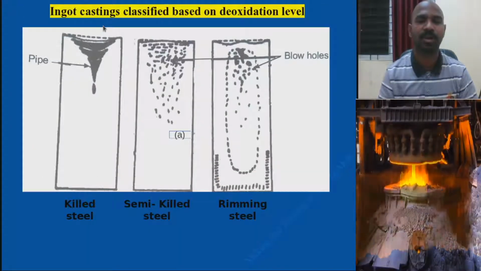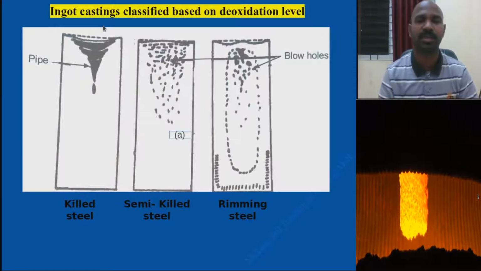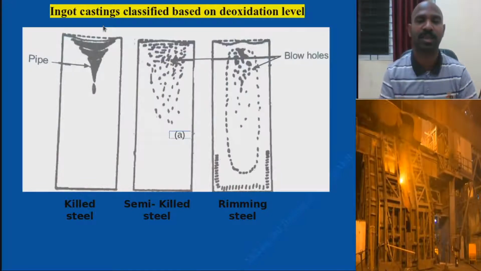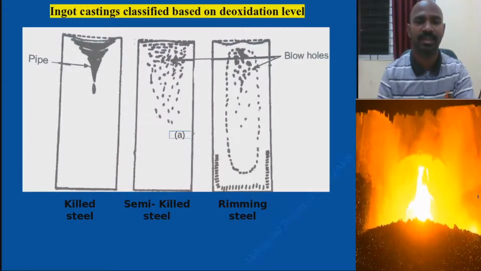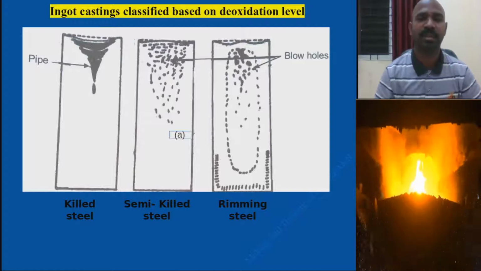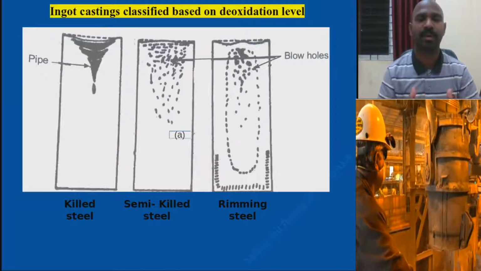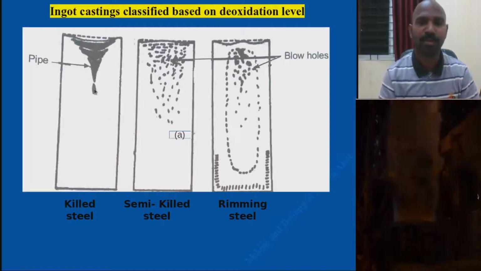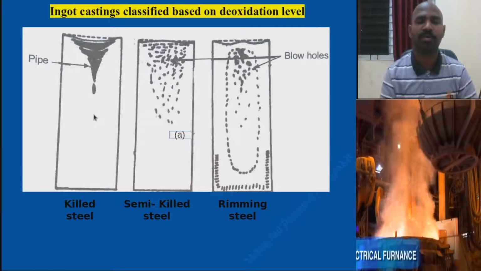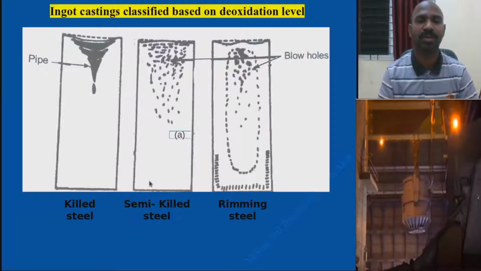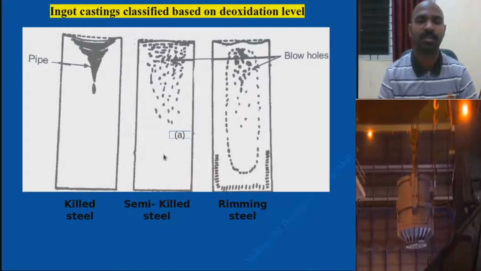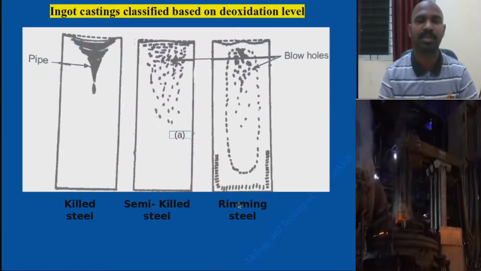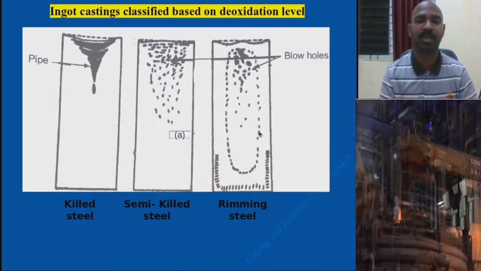Now coming to ingot casting, there will be many defects. When you are producing the ingot casting after solidifying, the dissolved oxygen rate varies. The dissolved oxygen in the case of killed steel is very low, in the case of semi-killed steel it is partial, and in the case of rimming steel the dissolved oxygen is very high.